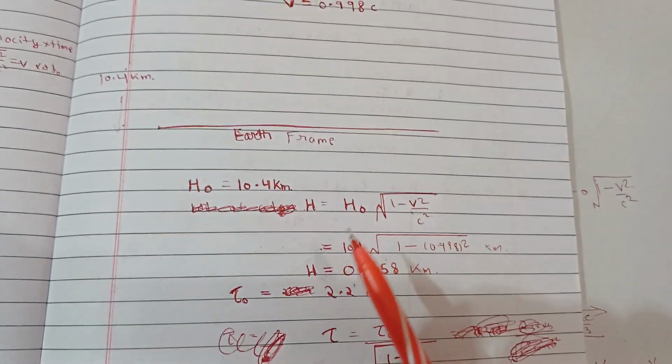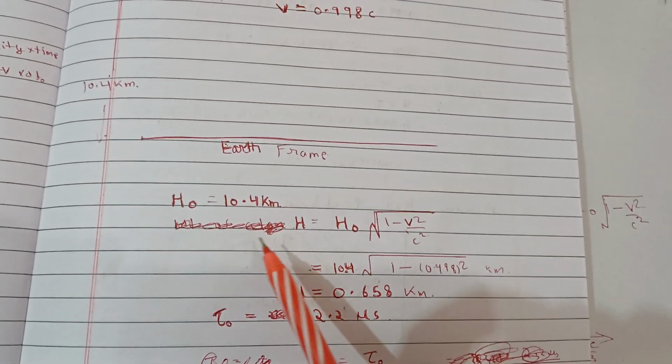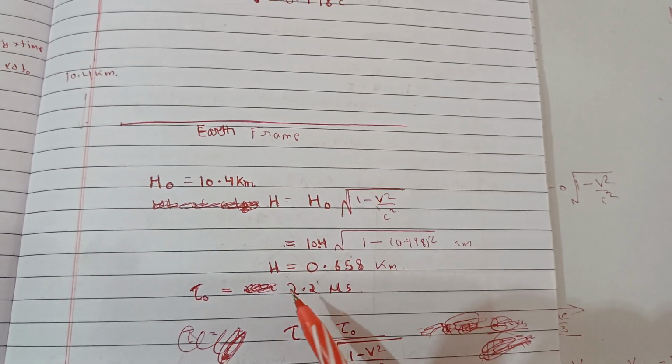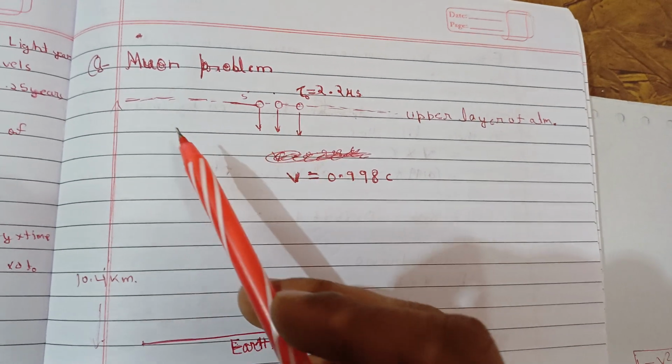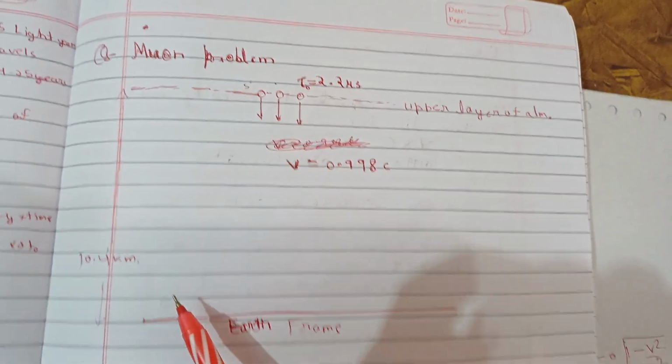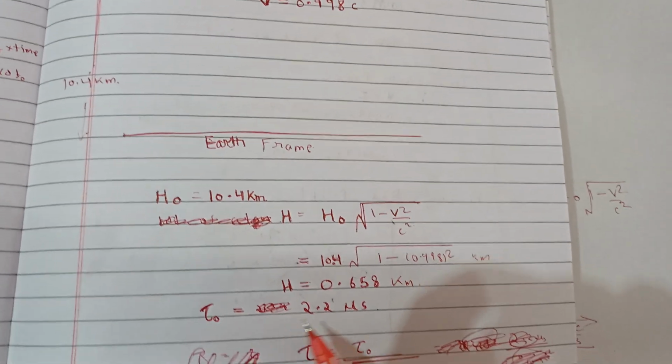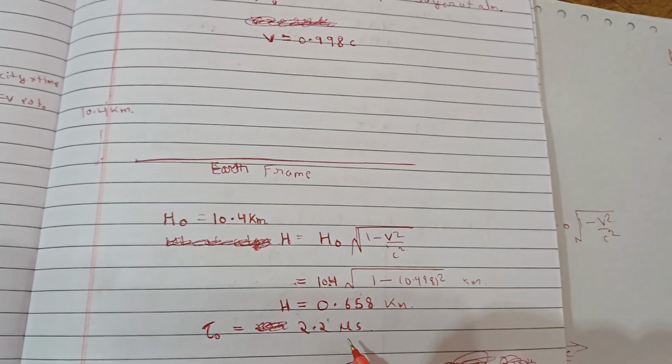So the height h equals h naught, where h naught is 10.4 kilometer, and they will measure 0.658 kilometer. According to the muons, this contracted length will appear as 0.658 kilometer, and the lifetime is 2.2 microseconds.